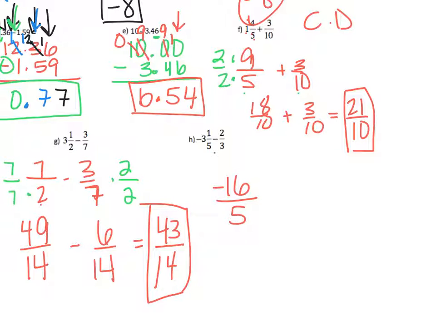What I don't want you to do is say 5 times negative 3 is negative 15 plus 1 is negative 14. Don't do that. Ignore the negative and then put the negative back in. And I'm going to subtract the 2/3. Again, common denominators: it's hard to get 5 to become 3 and 3 to become 5, so just multiply by each other.